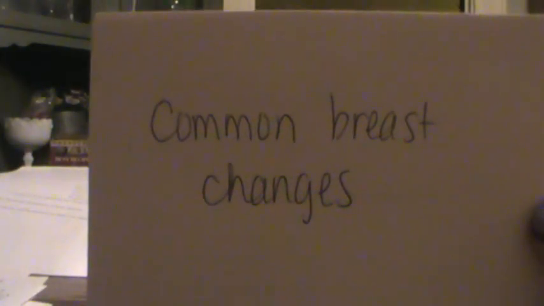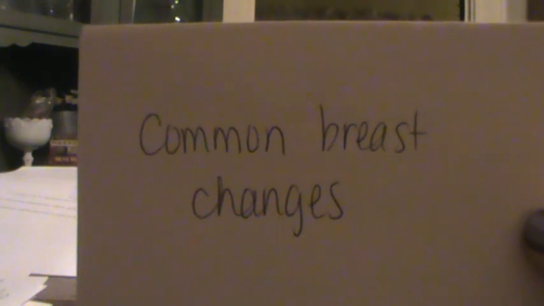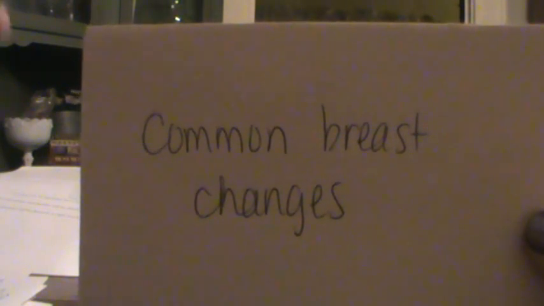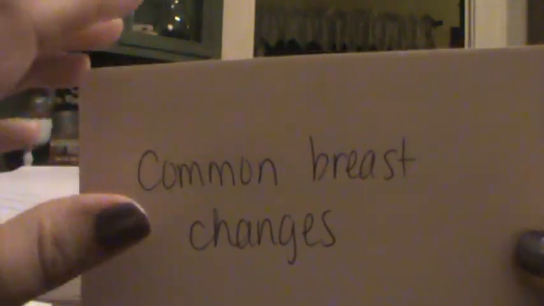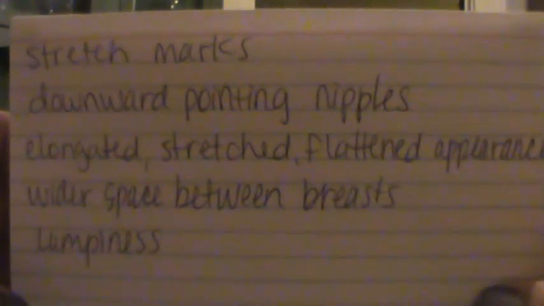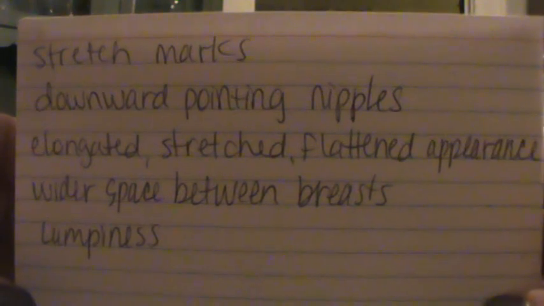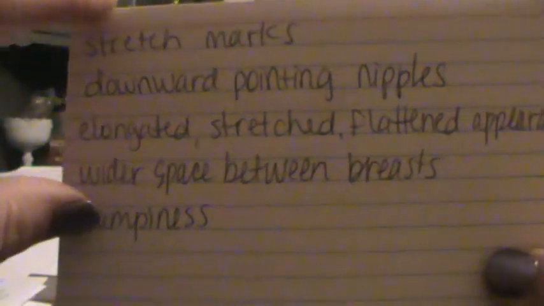Okay, so the next couple ones are going to talk about common breast changes and abnormal breast changes. So common is just like normal breast changes with age. Those include stretch marks, downward pointing nipples, elongated, stretched, or flattened appearance of the breasts, wider space between the breasts, and lumpiness.